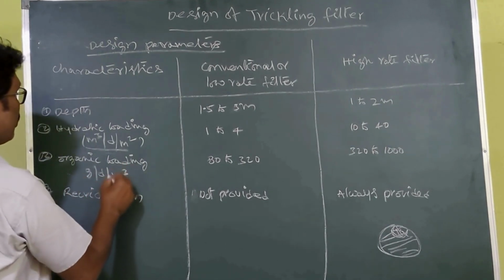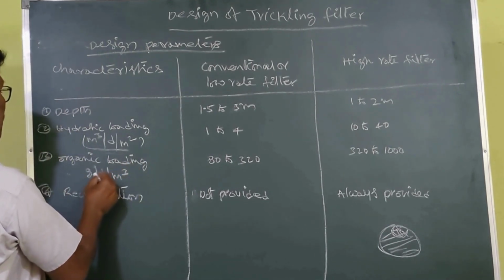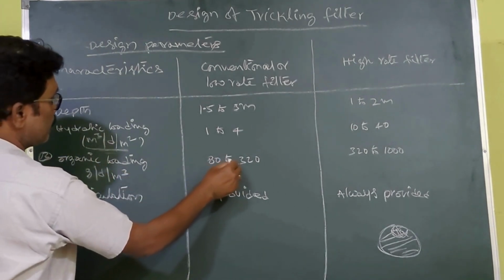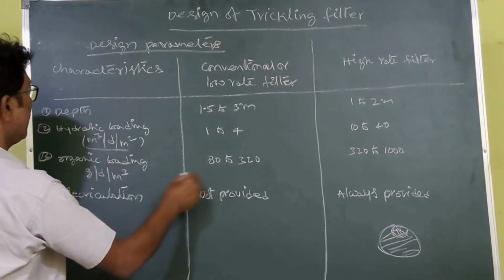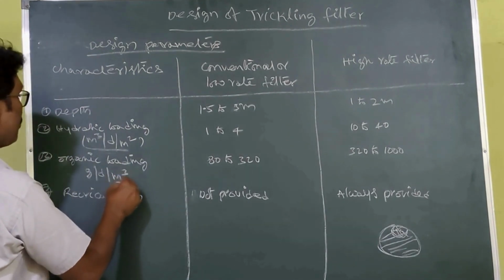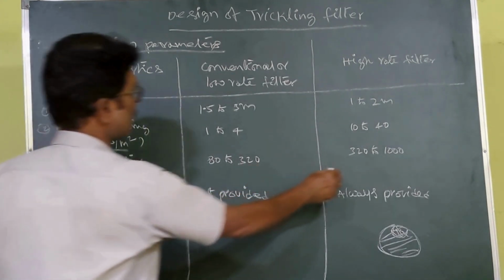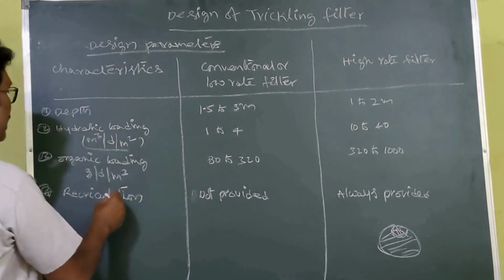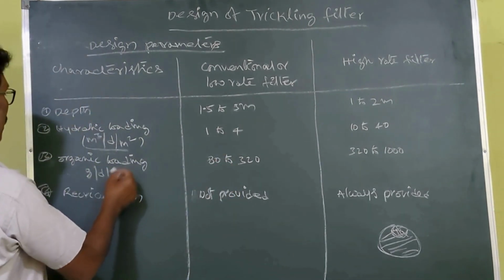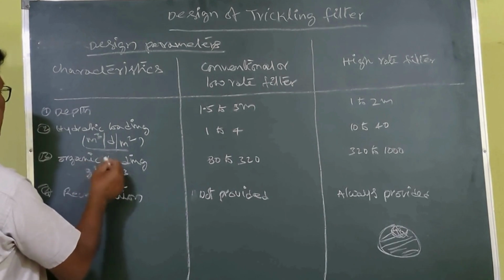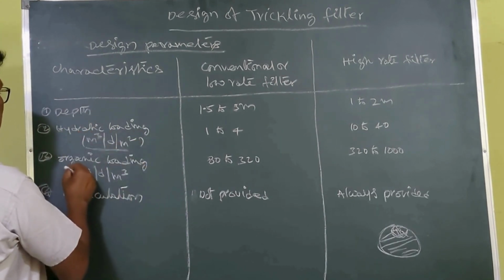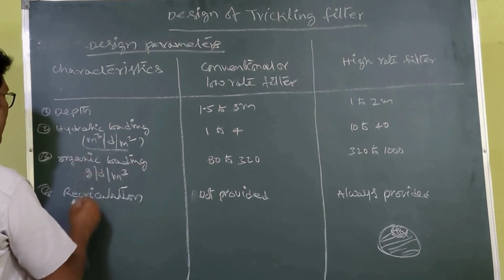In 1 meter cube of volume, 80 to 320 gram per day of BOD can be treated. Whereas in the high rate trickling filter, 320 to 1000 gram per day can be treated in 1 meter cube. That is the meaning of the organic loading rate, BOD, as distinct from the hydraulic loading rate.